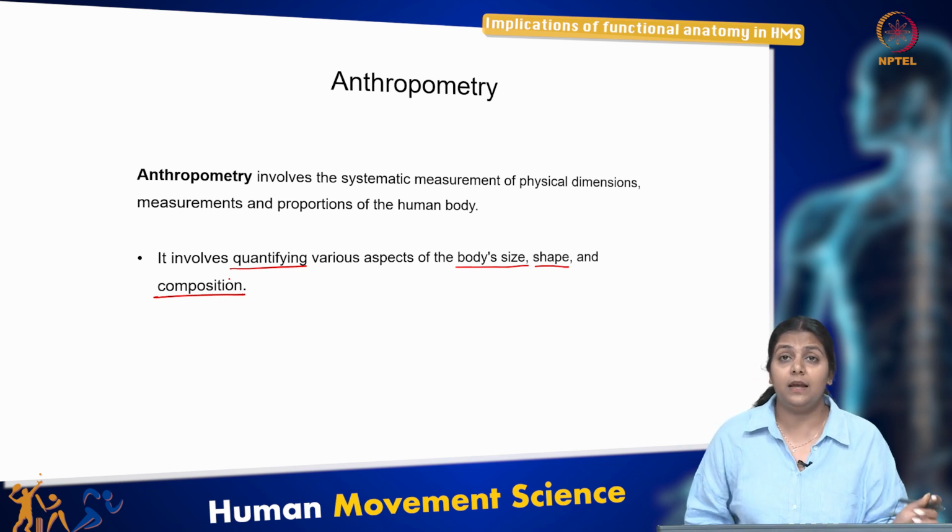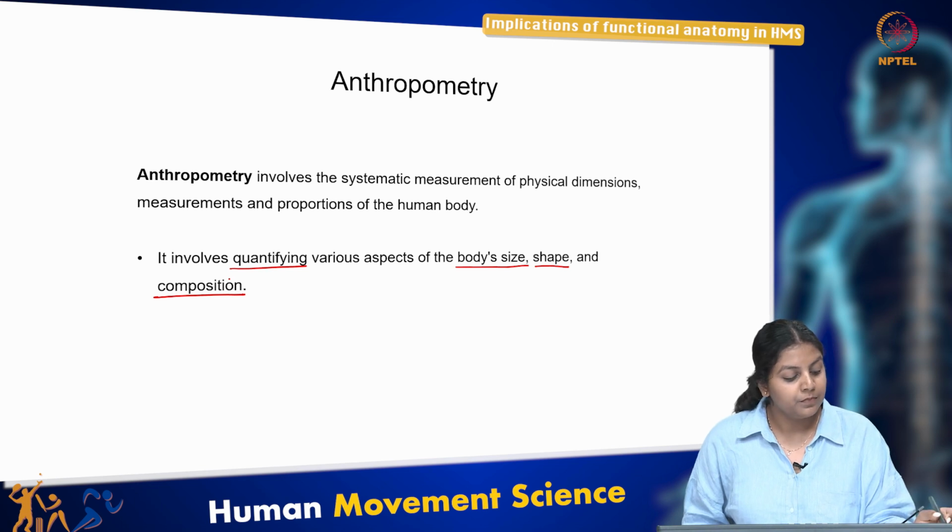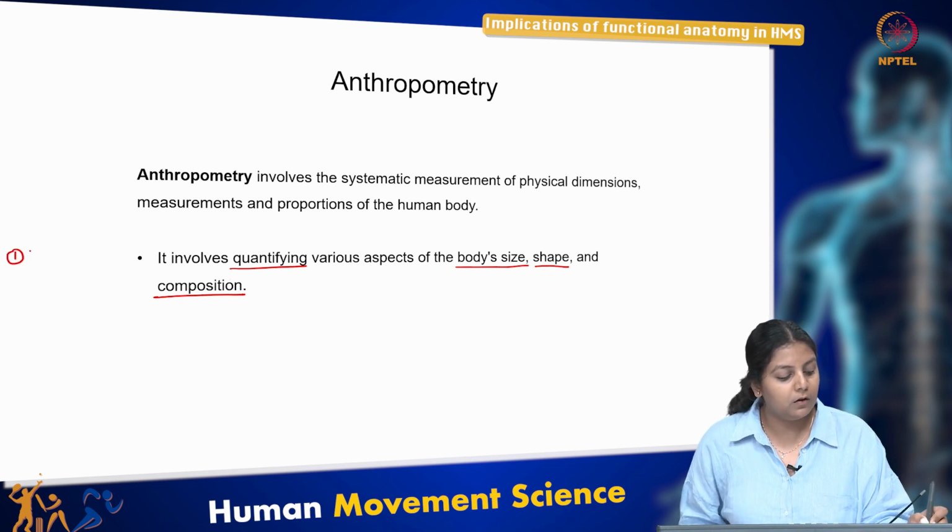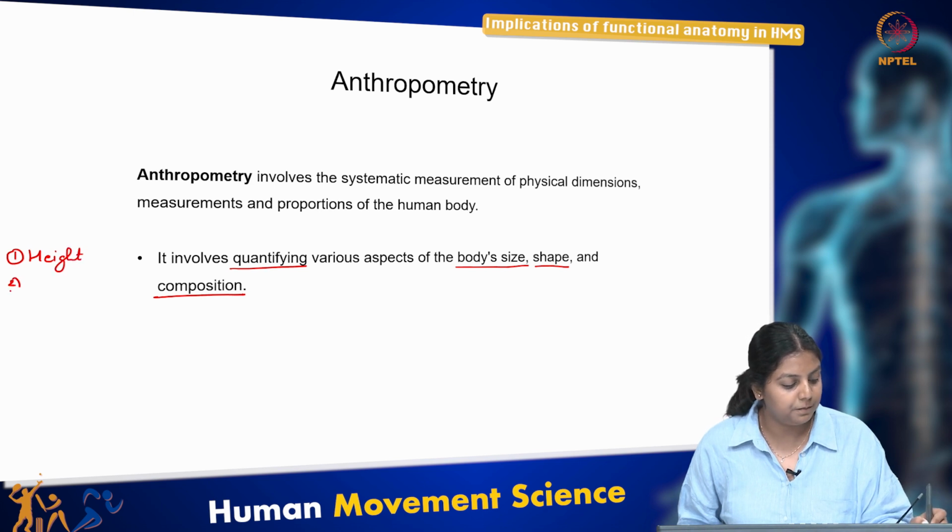So when we do biomechanical analysis, as you will look at in the next few modules, you will be needing anthropometric measurements, basic measurements of height, weight, so these are your basic measurements.